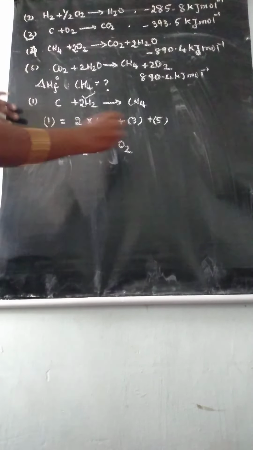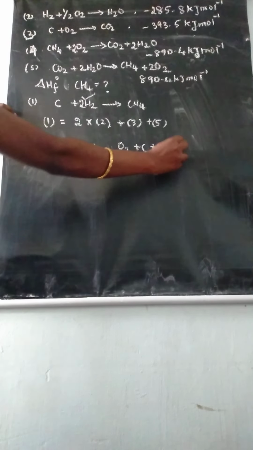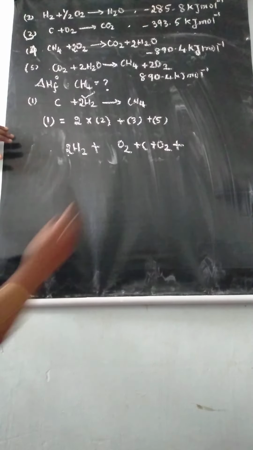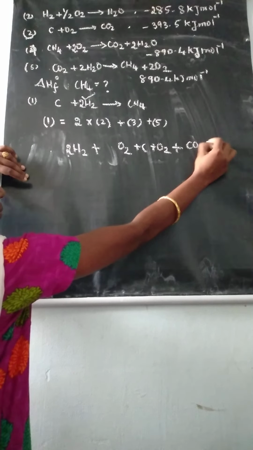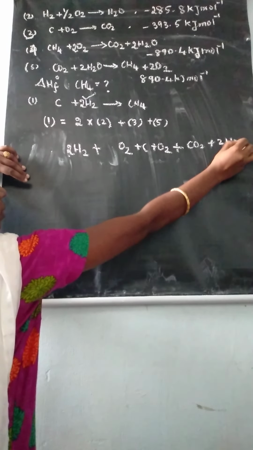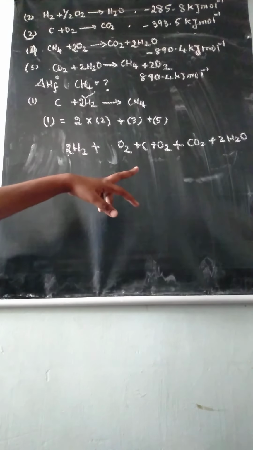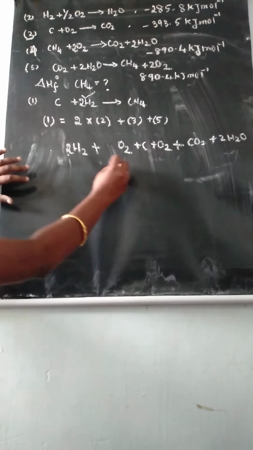Then the third equation, C plus O2, plus the fifth equation, CO2 plus 2H2O. Understand?